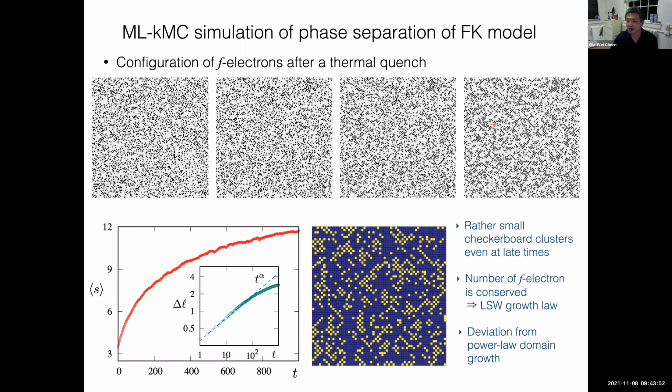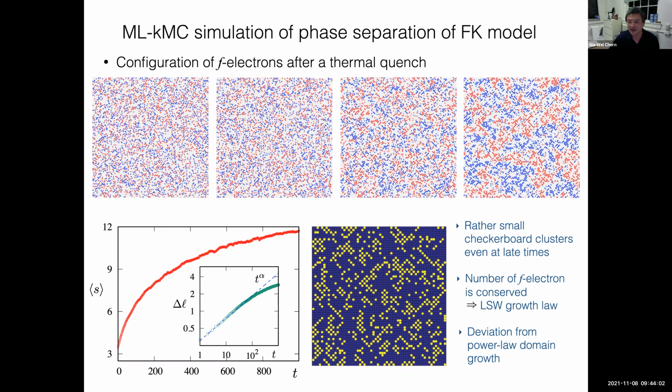If the F electron is on the A sublattice, we color them red. If they are on the B sublattice, we color them blue. And after this coloring, you can see that although this F electron CDW cluster is still very small, the red clusters try to stick together, and the blue clusters try to stick together.